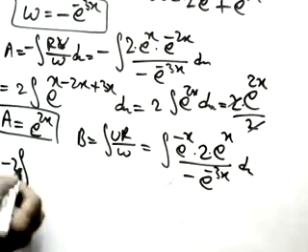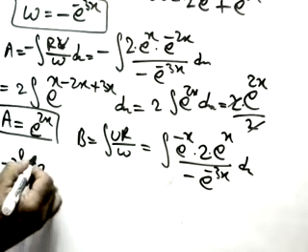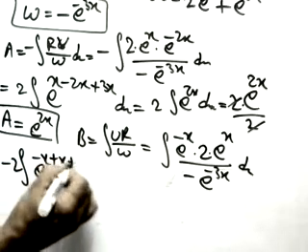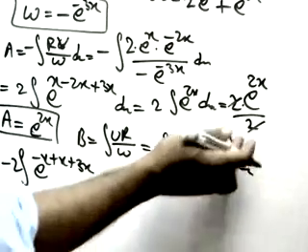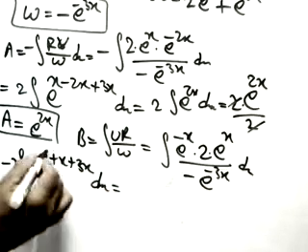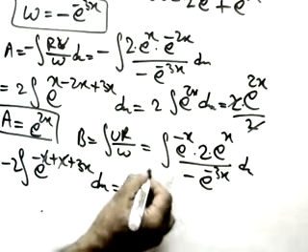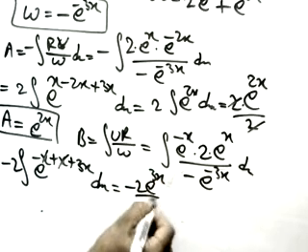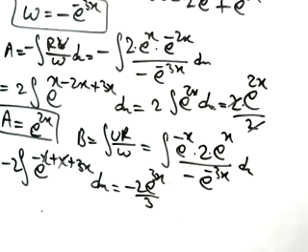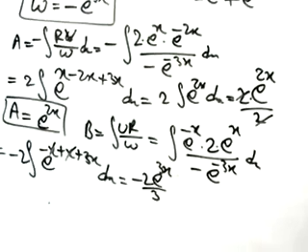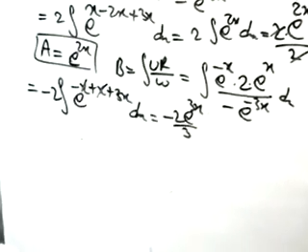Now take minus outside, minus integration, 2 also. Now we add the powers, minus x plus 3x. Minus 3x if you bring up it will be plus 3x. Minus x plus x cancel. So minus 2 into integration of e power 3x, and with x we are having 3, so divided by 3. So now we got A also, we got B also.